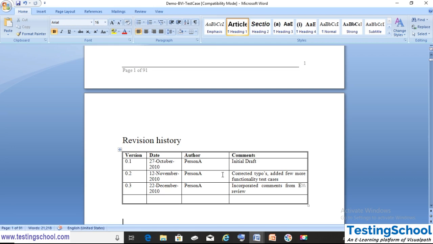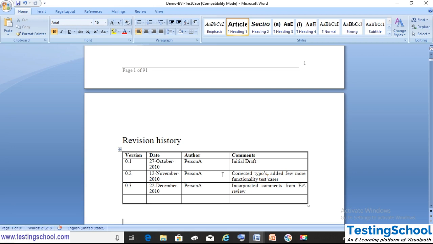Then the second time person A went, he corrected typos and added a few more functionality test cases. This was the comment he got, from person B, person C, person D. Then he went a third time, and incorporated comments from that last review.